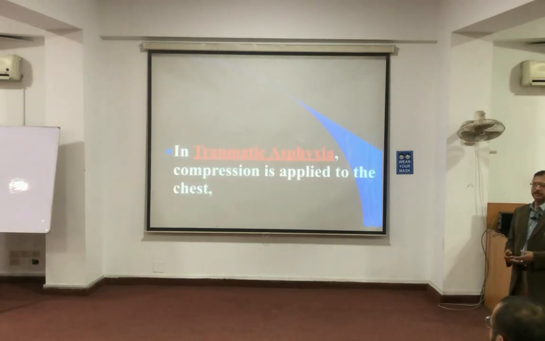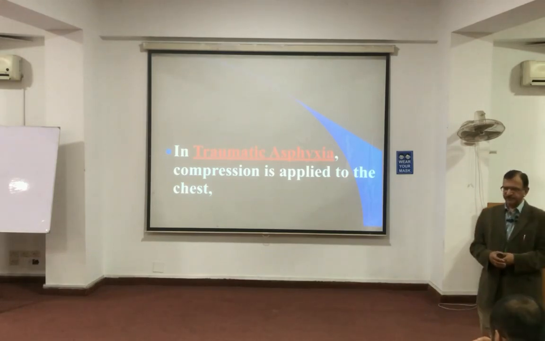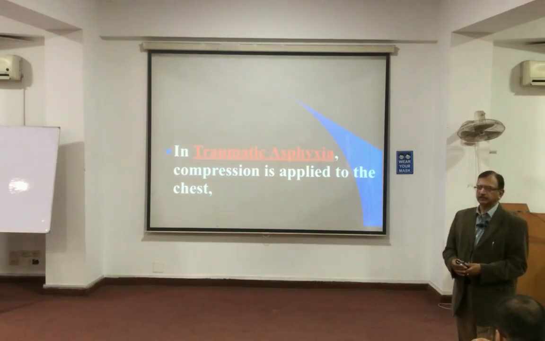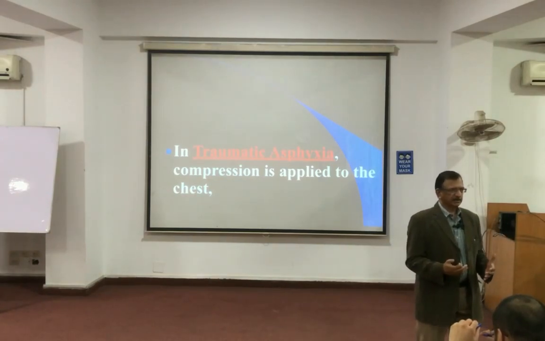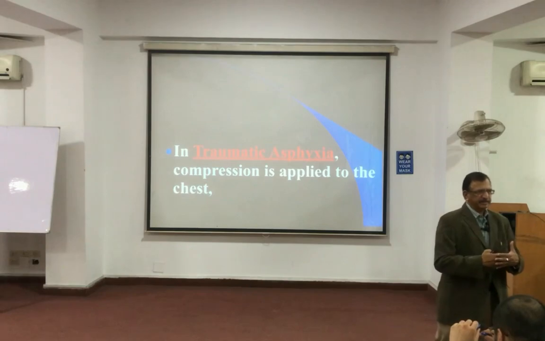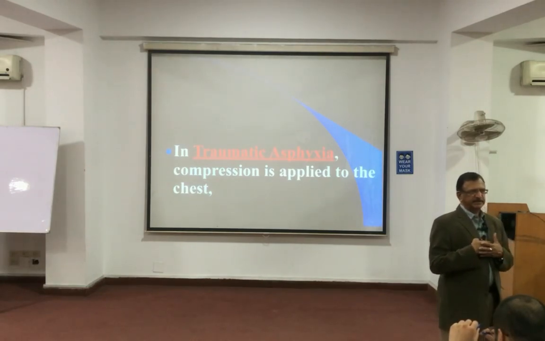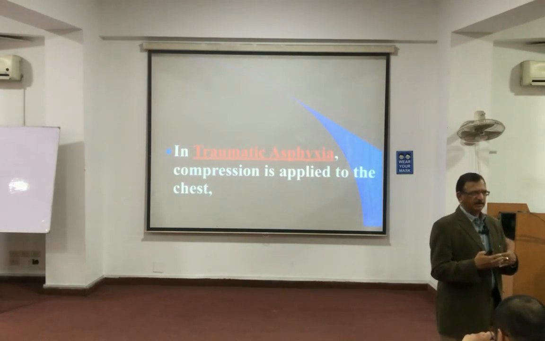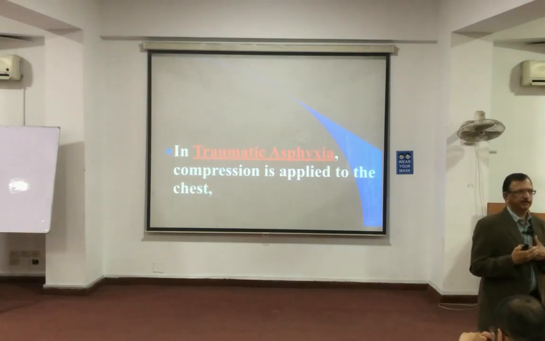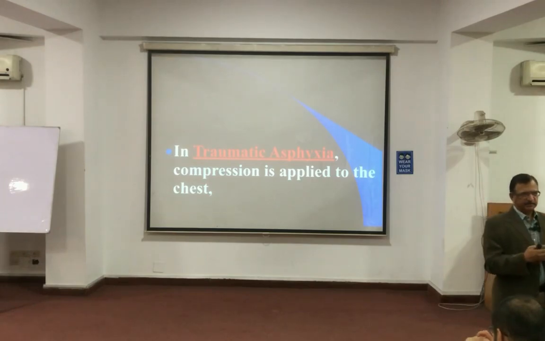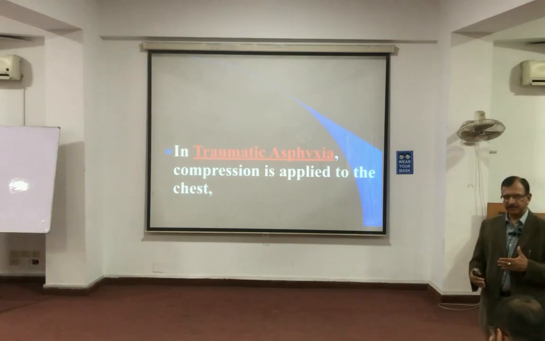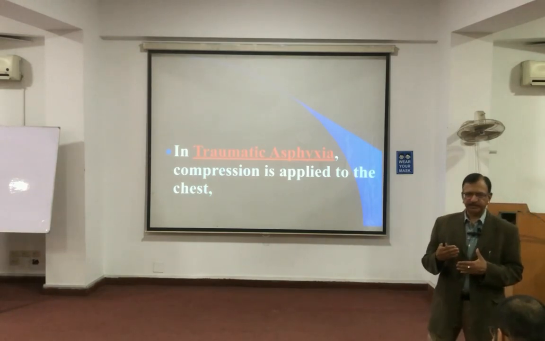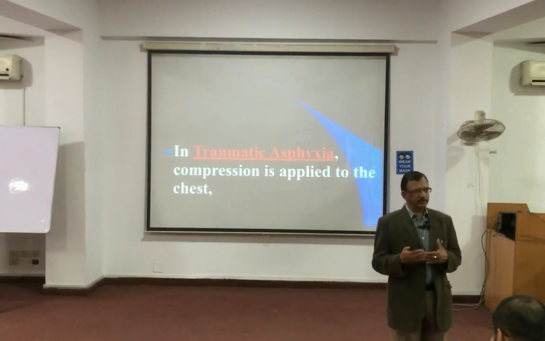Another example of force being transmitted to a distant place is traumatic asphyxia. In a stampede, multiple persons are compressing against each other, the chest is being compressed and there will be direct pressure on the chest wall which is unable to move. This inability to move will cause asphyxia, that is, the respiratory process is not going on.